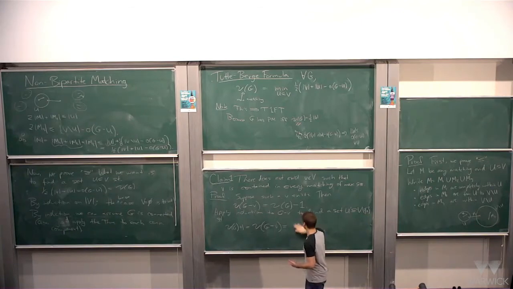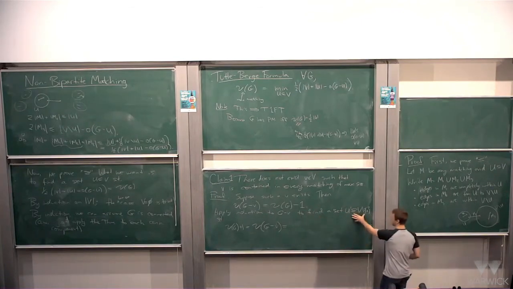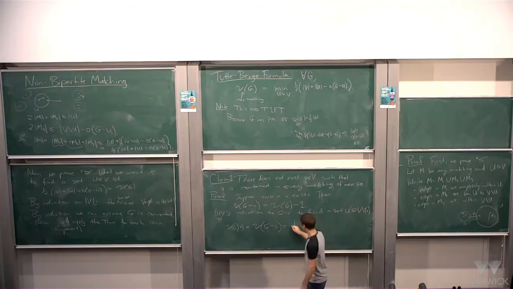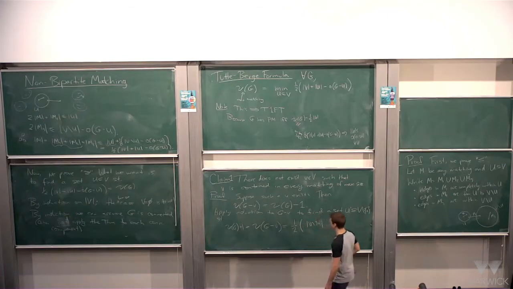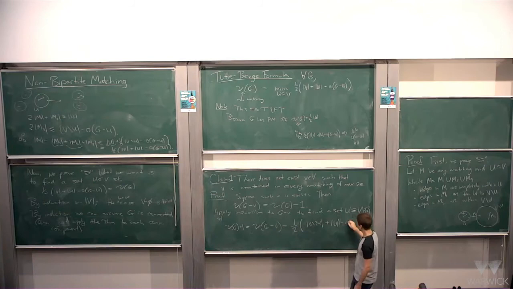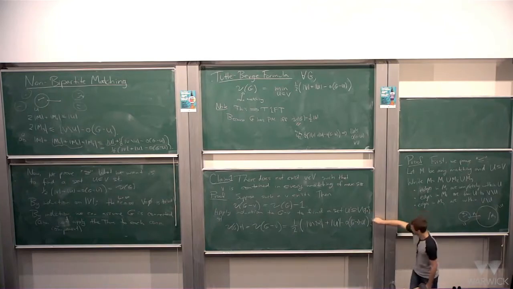So we found the set U prime such that this thing is equal to 1/2 of the size of the vertex set of G minus v, which is capital V minus little v, plus the size of U prime, minus the number of odd components in the graph G minus v minus U prime. So that's what the induction will tell you, right?